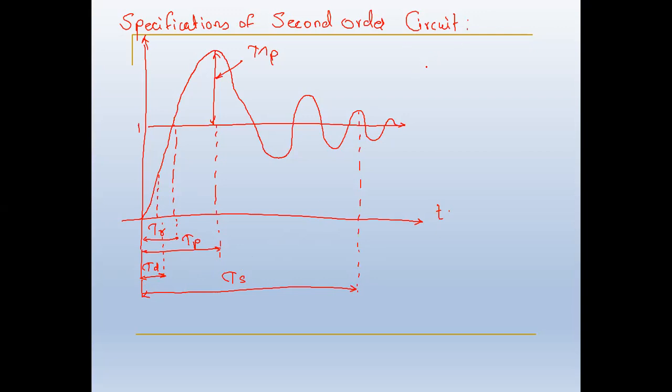I'll write all those terms. TD, known as delay time. Next, MP, peak overshoot, also known as the maximum peak. Next we have TR, rise time.